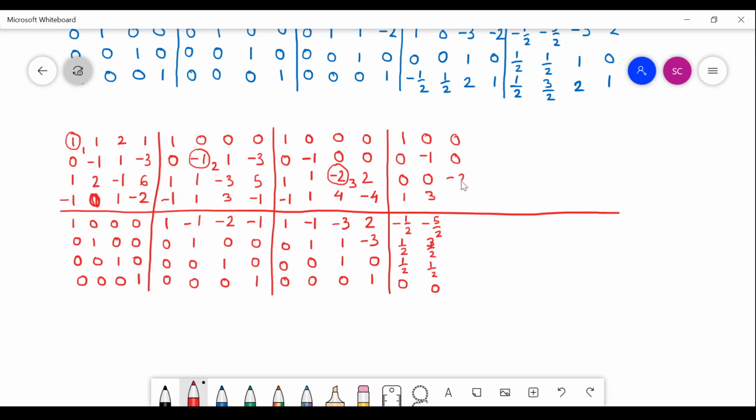This one remains same, minus. So this one is simply an addition. In order to make this row 0, you simply add it, and also you see this row has also become 0 for this particular column, and you are simply adding. So what you are getting is minus 1, minus 1, 1.